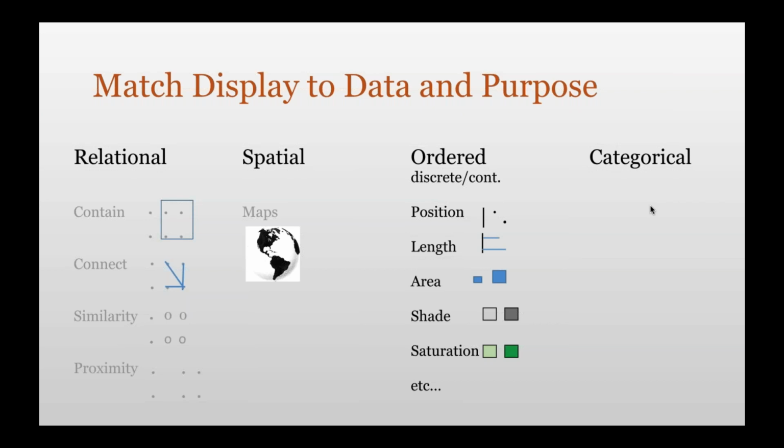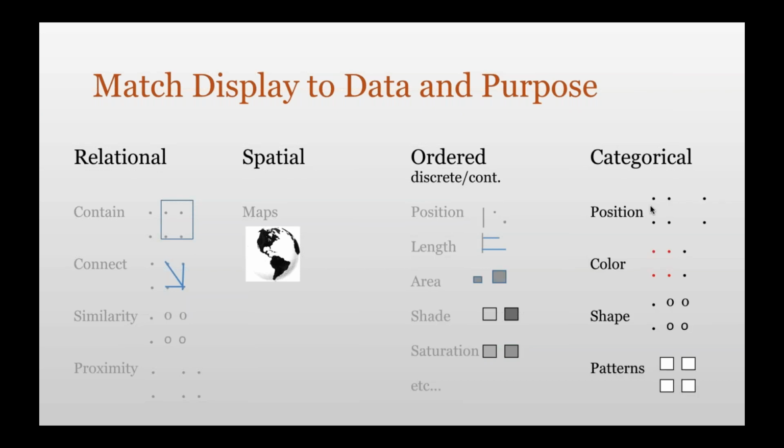So when you are looking at ordered data, position is the best way to go, length is second, area is third, etc. And these are good things to think of when you are looking to choose visualization types.